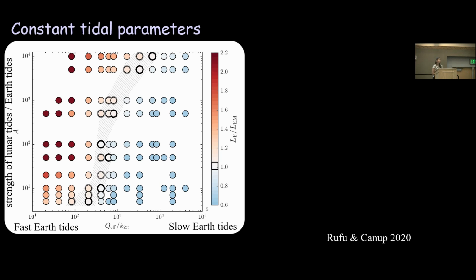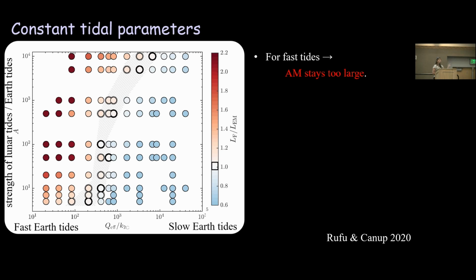And what we concluded from these suite of simulations is that if the moon migrates very fast, so this Q over K2, which I'm going to talk a lot about, is low, the moon is going to pass evection too fast to get captured, and therefore the angular momentum will remain large.